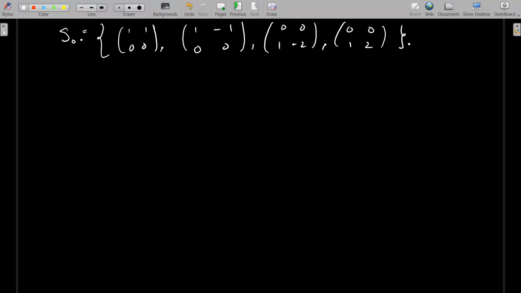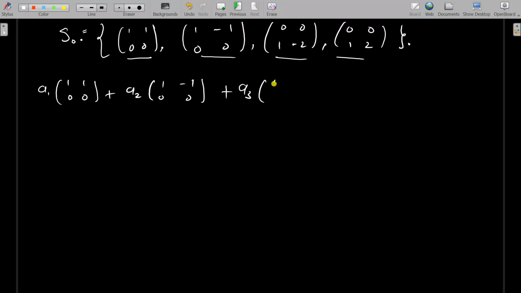So what we're going to do is pick each of these, multiply each of them by some scalars: a1 times the first one, plus a2 times the second one, plus a3 times the third one, plus a4 times [0, 0; 1, 2]. And that should give us the 0 vector here.